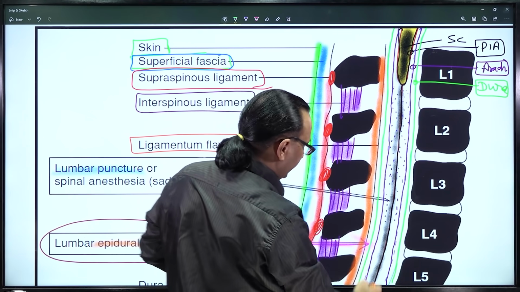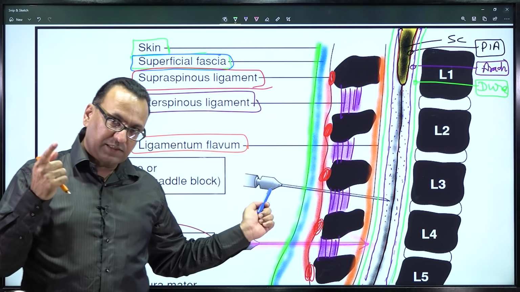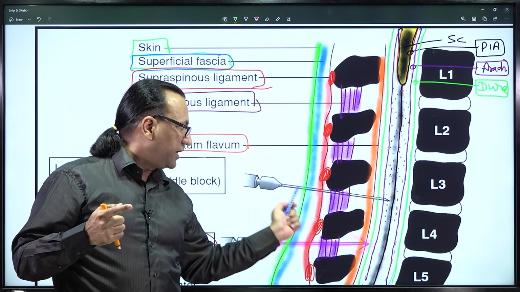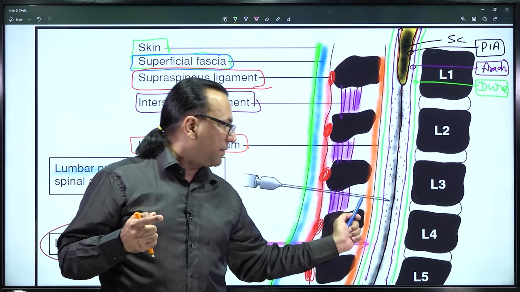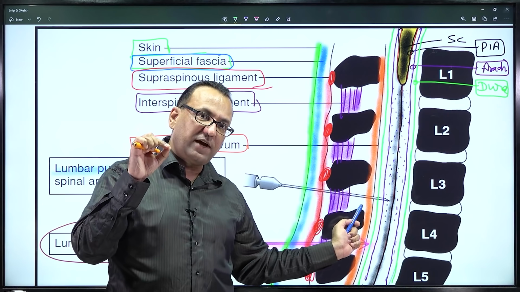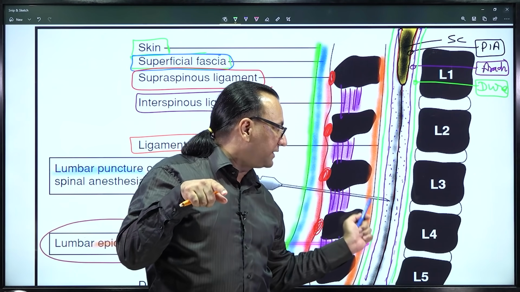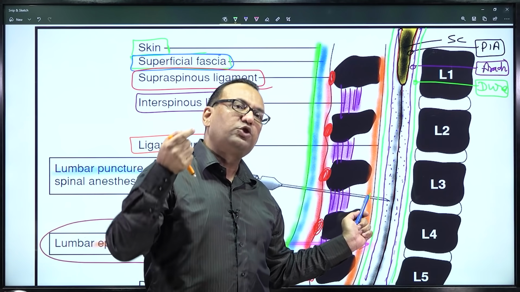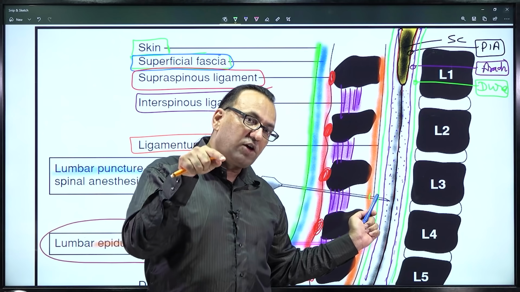So the thing is, when your needle while doing lumbar puncture is passing through the skin, subcutaneous tissue, supraspinous ligament, interspinous ligament, ligamentum flavum, which sensation do you get? A popping sensation. Again, when you puncture the dura mater, there will be resistance, and once you have punctured the dura mater, there will be a sudden loss of resistance.